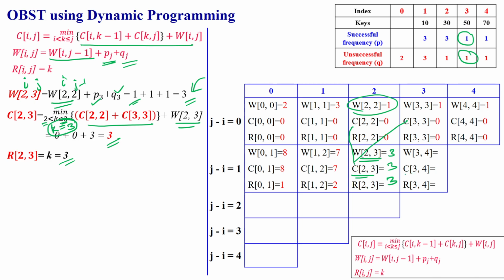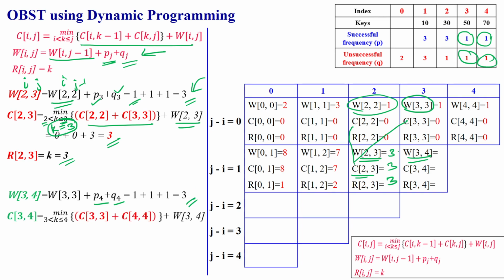Then we have to identify w of 3 comma 4. So w of 3 comma 4, here we will use the previous solution 1, and here p j plus q j. As per this formula, p4 and q4 we are substituting the values, here we are getting 3, right? So now w of 3 comma 4 is 3. Then c of 3 comma 4 we have to identify. When you are substituting the values, k is having only one value, that is 4.